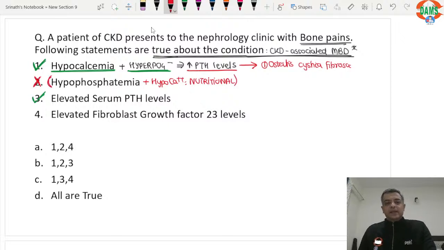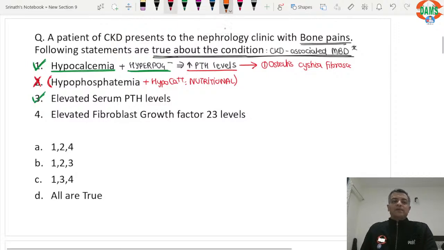In CKD, there is a defect in excretion of phosphate. That is why hyperphosphatemia is there. But even before the hyperphosphatemia occurs, the earliest one is the elevated FGF23.